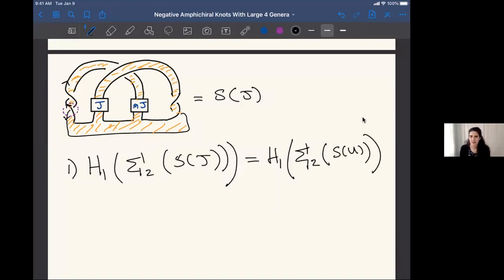This comes from the fact that this is governed by the Seifert form, if you want to think about it from that perspective, and the Seifert forms of S_J and S_U are the same because we've just tied flat knots in these bands. So in particular, this is Z mod 5c.